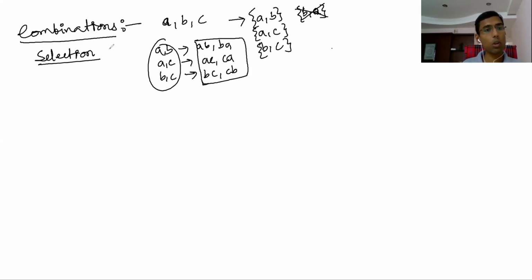So the number of combinations of ABC taken 3 at a time means what? All 3, only one way. When 3 objects are given and you have to select 3 objects, that is not really called selection, as there is nothing to select.